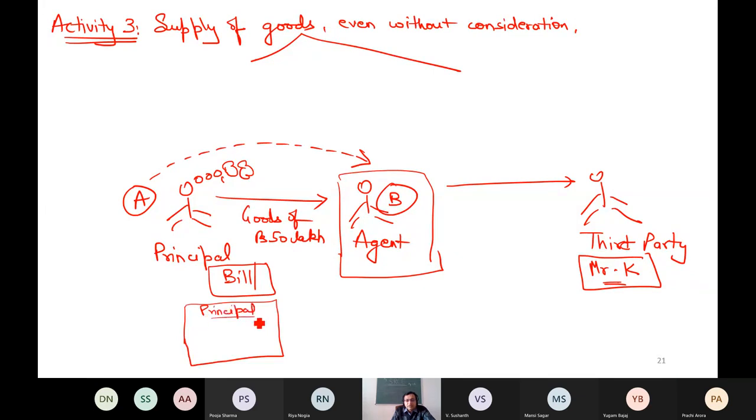The heading is always the person who is the supplier, to whom it is sold, to the agent. That's it. I hope the point is clear.